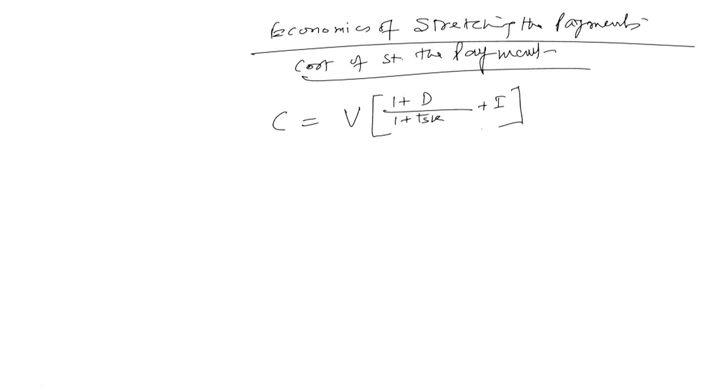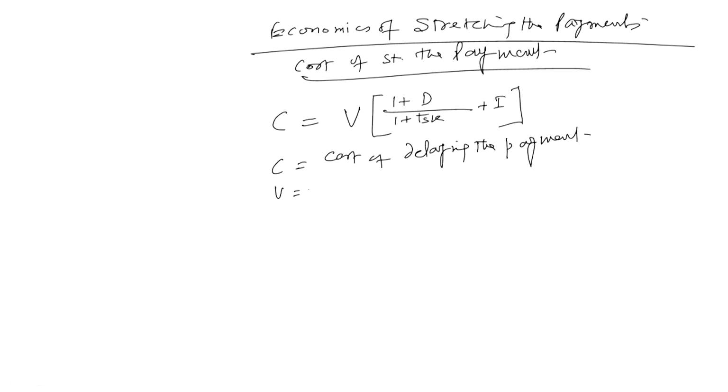Here, what does C mean? That is the cost of delaying the payment to the buyer. If he delays the payment, he has to pay the cost in terms of interest.